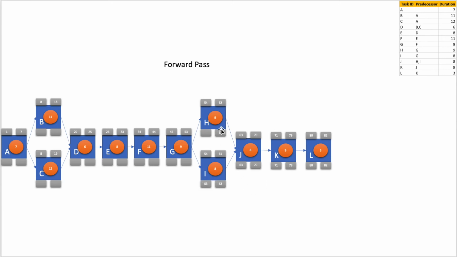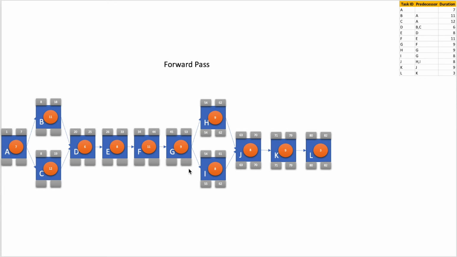And the late start of activity H will be 62 minus 9, that is 53 plus 1, 54. So we notice that for activity I, the late start and the early start are not the same, and so there is a slack here. And other activities so far, they did not have any slack. We will discuss that slightly later.